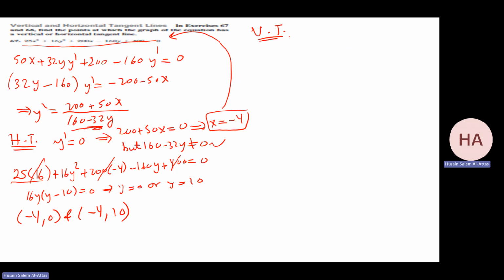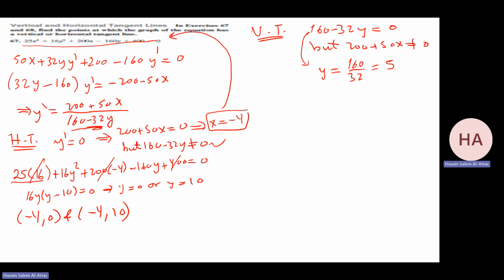Now for the vertical tangent, I need the opposite. I need 160 minus 32y equals 0, but the numerator is not equal to 0. So I get what? y equals 160 over 32, and that is 5.